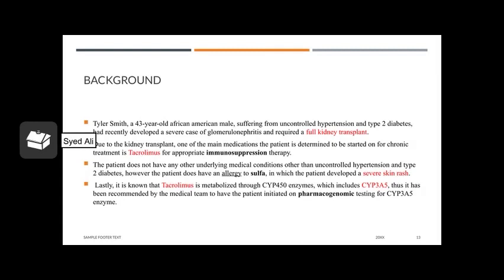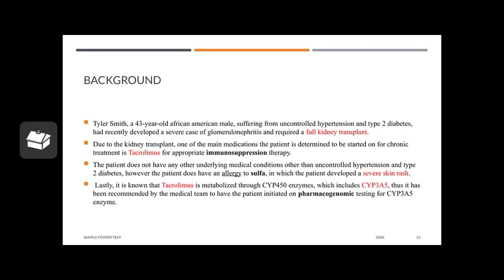So now I will be talking about some background information about this patient for the case. Tyler Smith, a 43-year-old African American male suffering from uncontrolled hypertension and type 2 diabetes, had recently developed a severe case of glomerular nephritis and required a full kidney transplant. Due to the kidney transplant, one of the main medications the patient is determined to be started on for chronic treatment is tacrolimus for appropriate immunosuppression therapy.